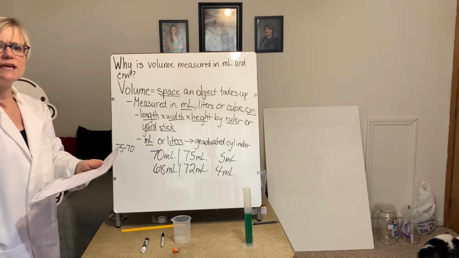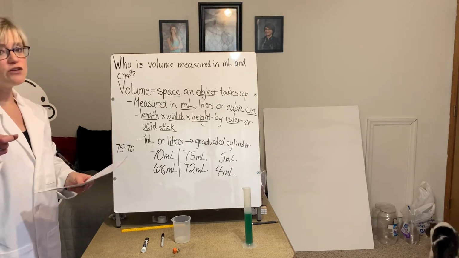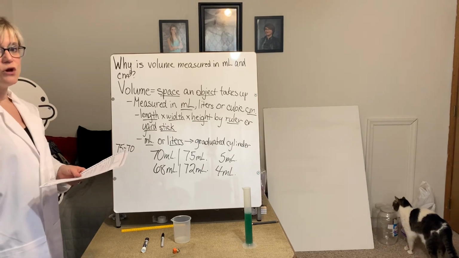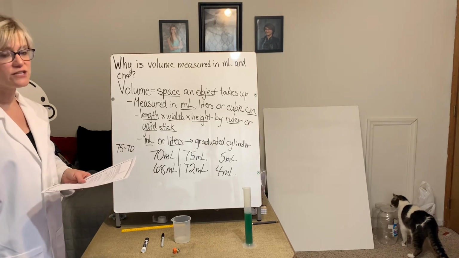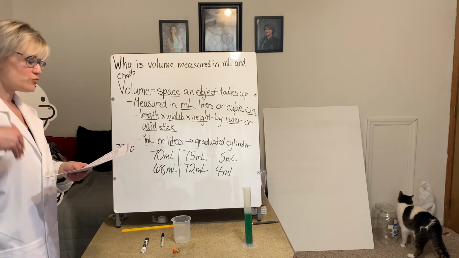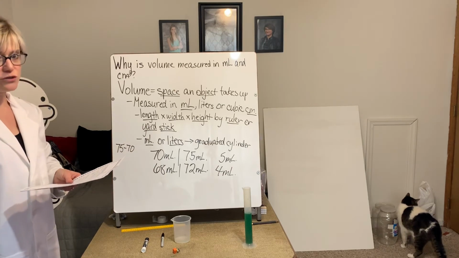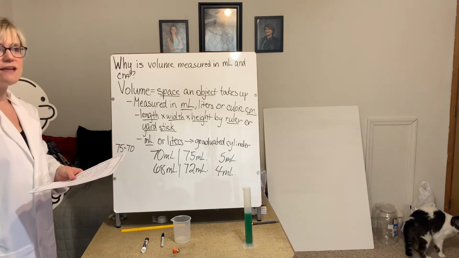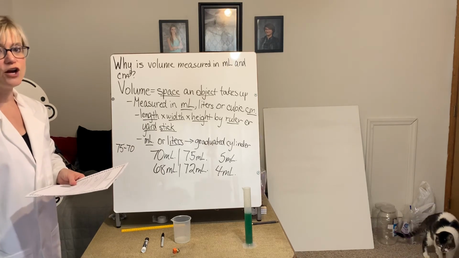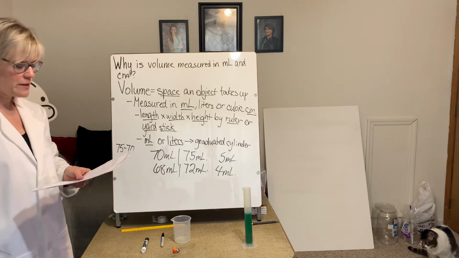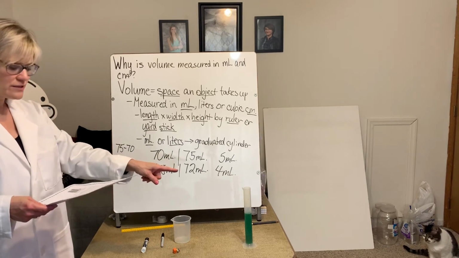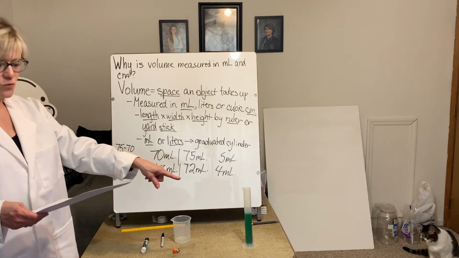So now, in conclusion, volume can be measured in centimeters cubed or milliliters, depending on if it's a regularly shaped or irregularly shaped object. If it's regularly shaped, it's measured with a ruler or yardstick, and then the length, width, and height are multiplied in order to find the volume. If it's irregularly shaped, it can be measured in a graduated cylinder, viewing the displacement of the water.